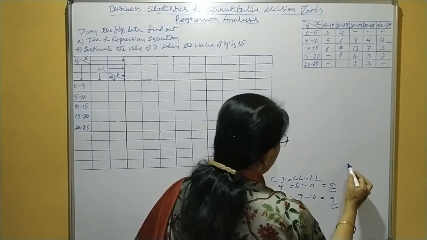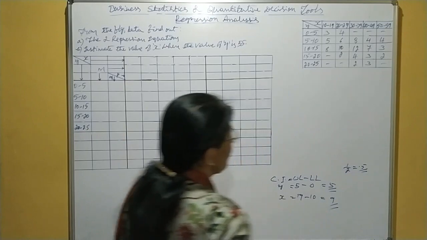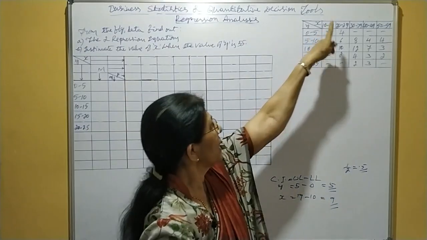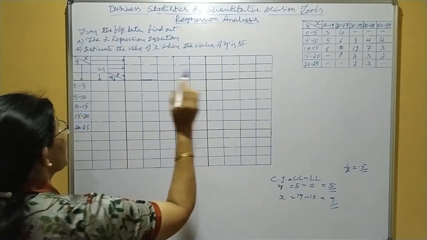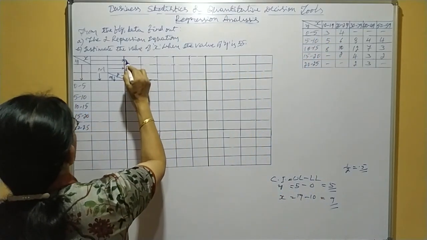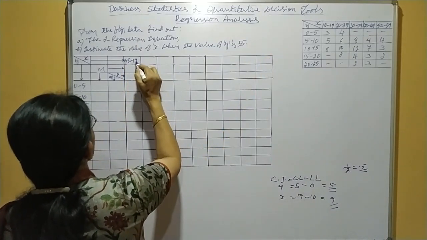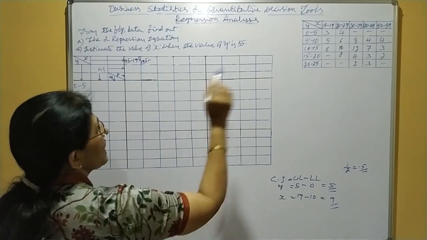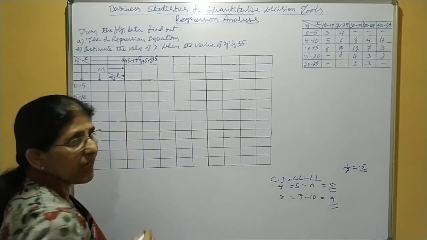Here the jump is how much? 1. Half of the jump means 0.5. Now what we have to do? Subtract 0.5 from the lower limit and add 0.5 to the upper limit. That means 10 minus 0.5, 9.5, to 19 plus 0.5, 19.5. Next one, 20 minus 0.5, 19.5, 29 plus 0.5, 29.5.